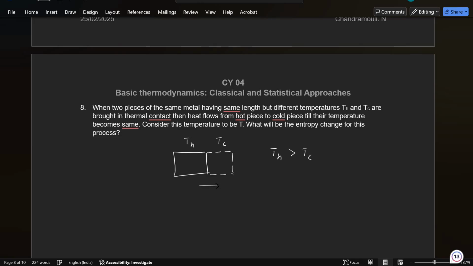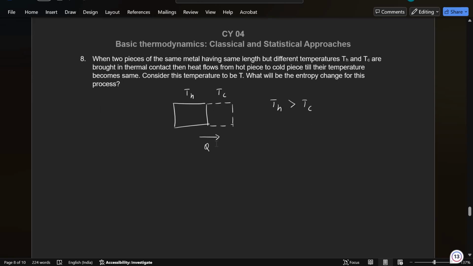So this is the Q. Can you tell me how to solve this? Just tell me the principle. We have already used this principle. What is the entropy change? Delta S is equal to what?